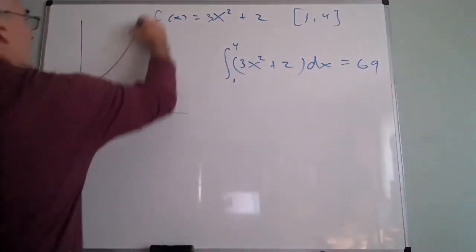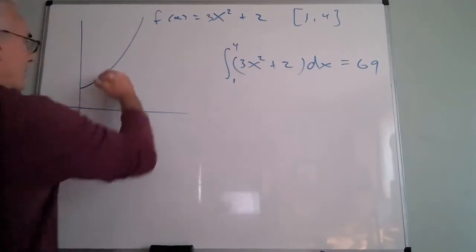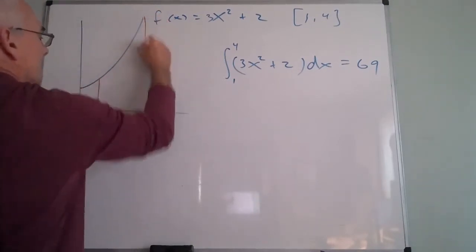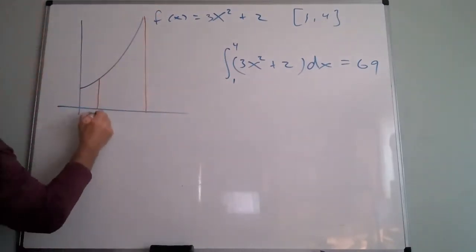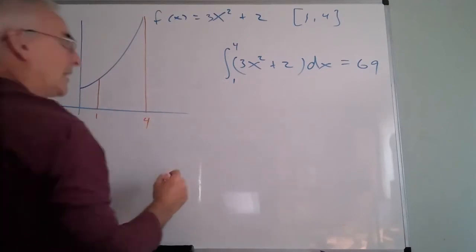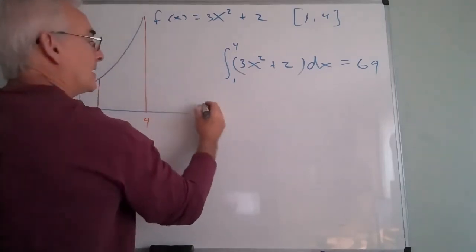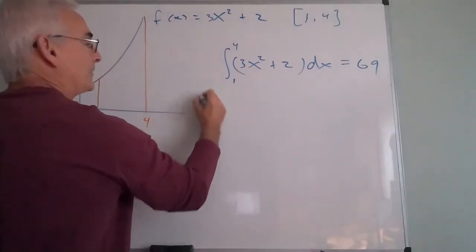I've got a picture. I want to apply the mean value theorem to this problem that we've already done. So this is a loose drawing of my picture. There's 1, there's 4. The mean value theorem says the average value, we'll call it f of z.